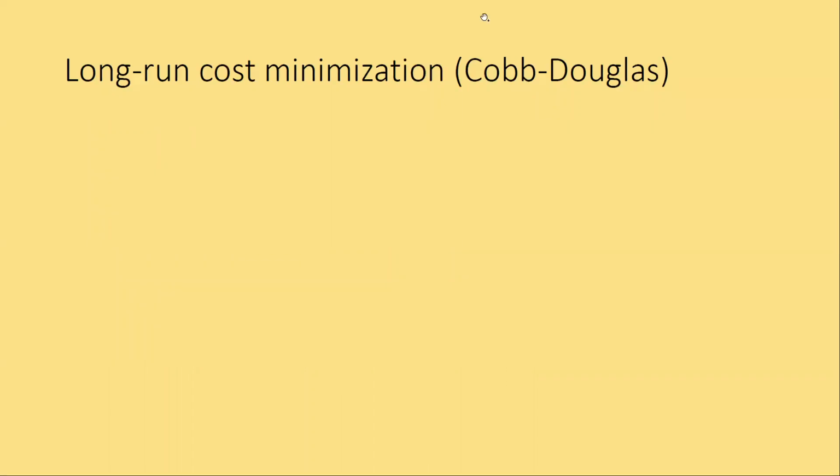So here I want to show you how we do this on a graph for a Cobb-Douglas type of production function, and I want to make a comparison with the utility maximization we did in the consumer theory. So let me first draw something, and let me divide our screen into two.